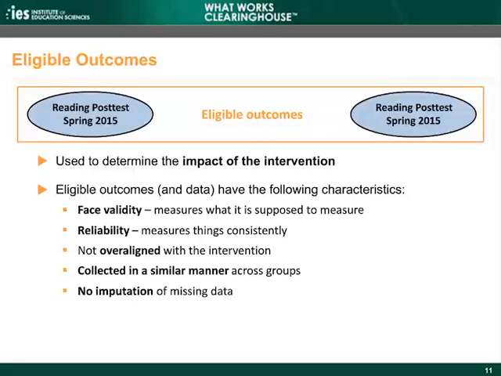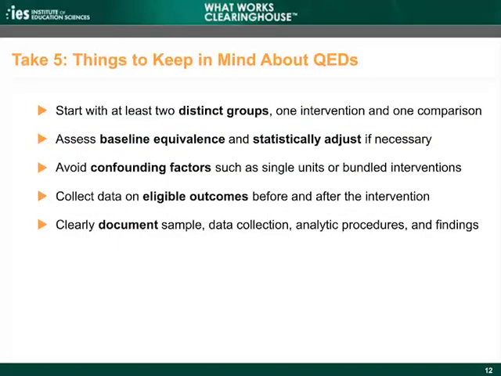Thanks, Jean. Before we move on, I'd just like to reinforce the key points to keep in mind about high-quality QEDs. First, start with at least 2 well-matched groups with data collected before and after the intervention. Assess baseline equivalence before estimating impacts and adjust for differences in baseline measures if necessary.